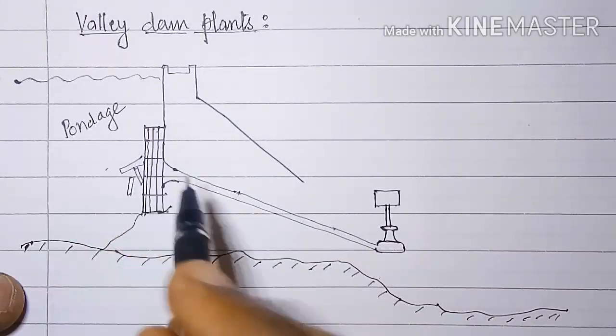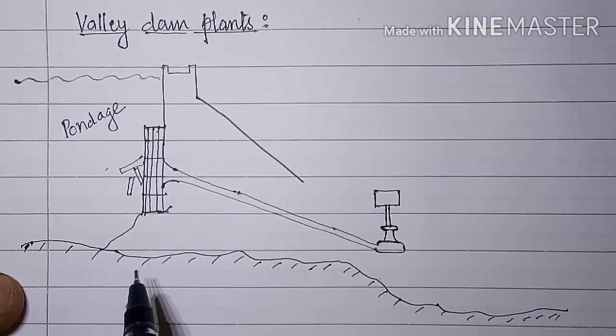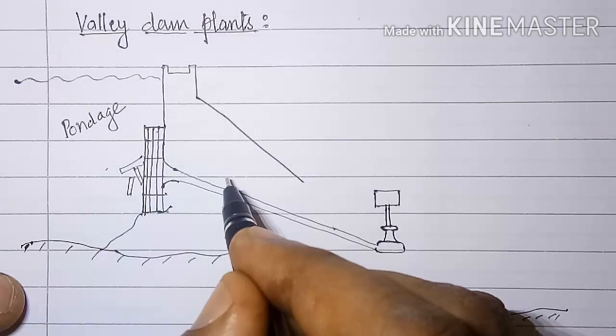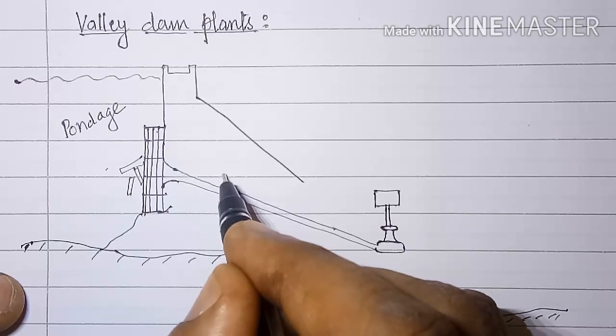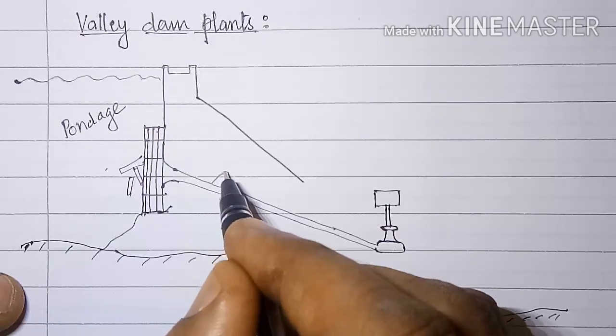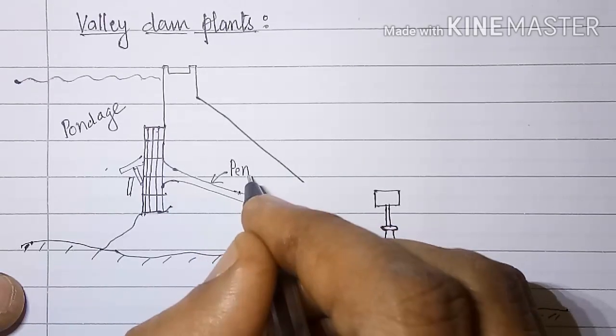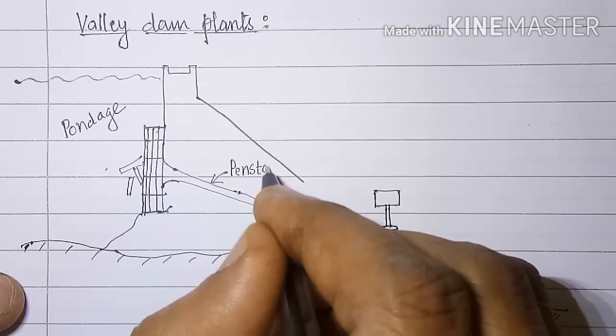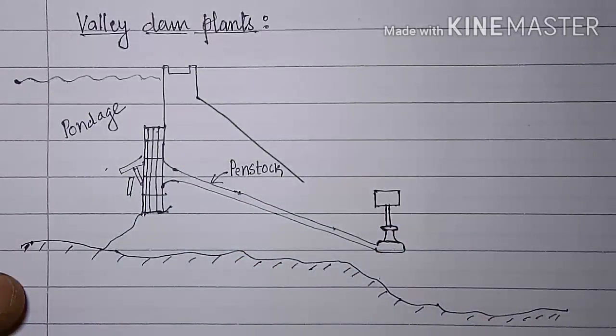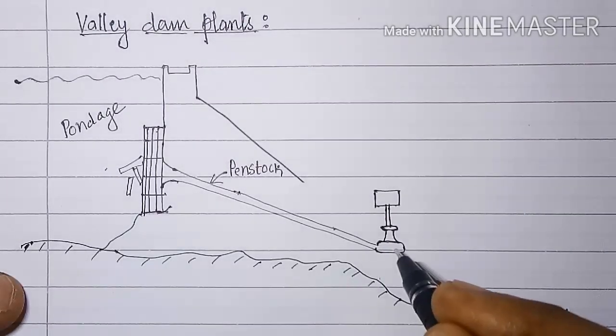The water from the pondage is carried to the turbine by a pipe, and that is called as penstock, or you can call it as conduit. This is called as penstock. In last class also I mentioned penstock. Now here is turbine.